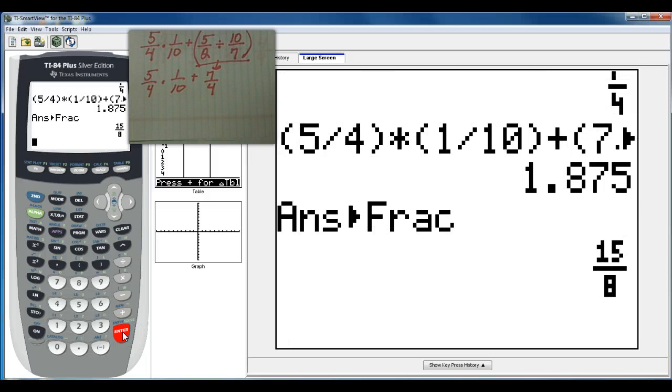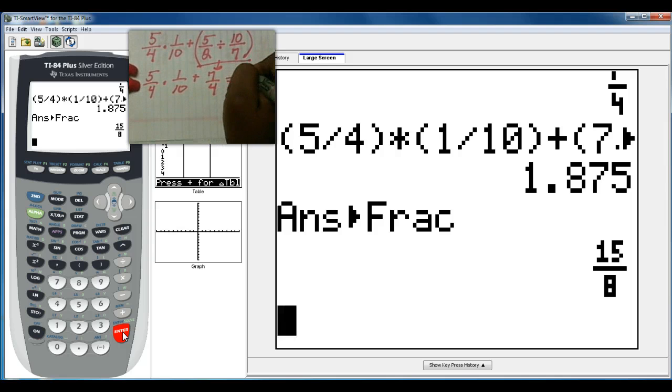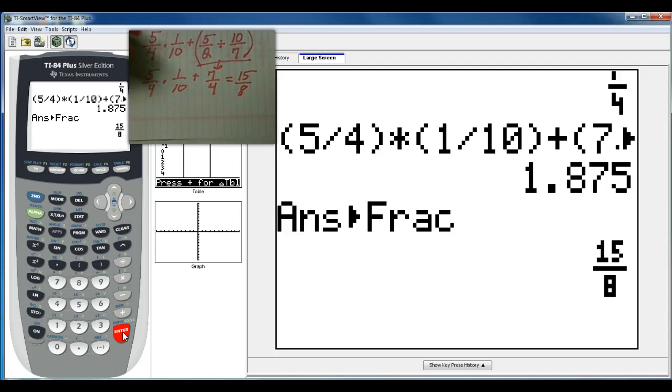And again, I get the same answer as I got from the beginning, which is 15 over 8. I much prefer this method. You would write something down more than with any other method because you can see your work. All right, let's do another problem.